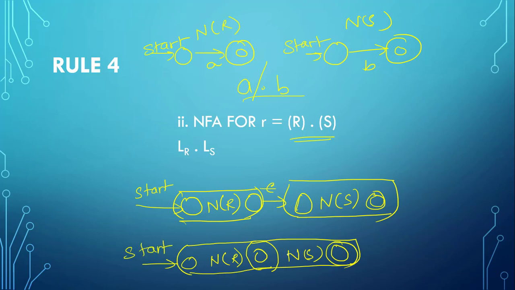Here this short method will help us reduce the number of states when we convert an NFA with epsilon to a DFA. So until you get the hang of how to draw NFAs for a given regular expression, you can use the longer method. In case you already are an expert, you can always go with the second way of drawing the NFA for R dot S type regular expressions.